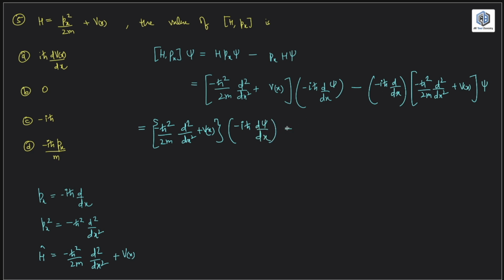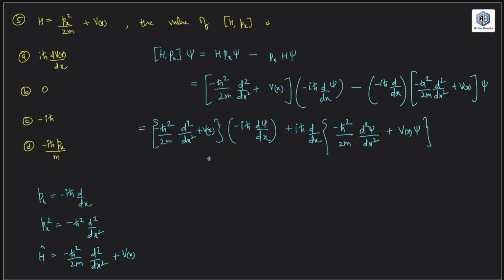Minus minus will become plus i h cross d by dx, and here you will have minus h cross square by 2m d2 psi by dx square plus Vx psi. Now you have to open the bracket completely.